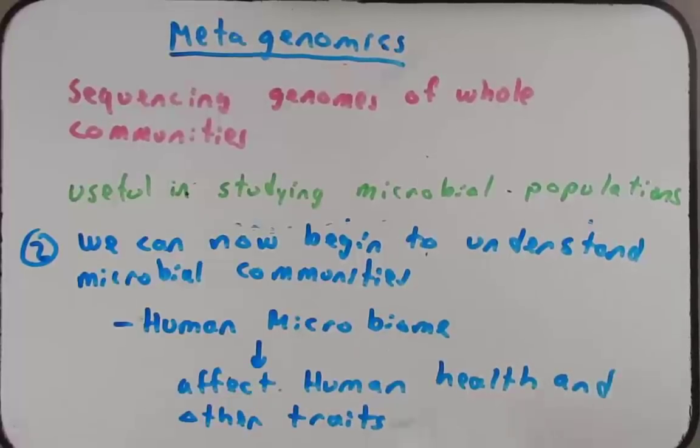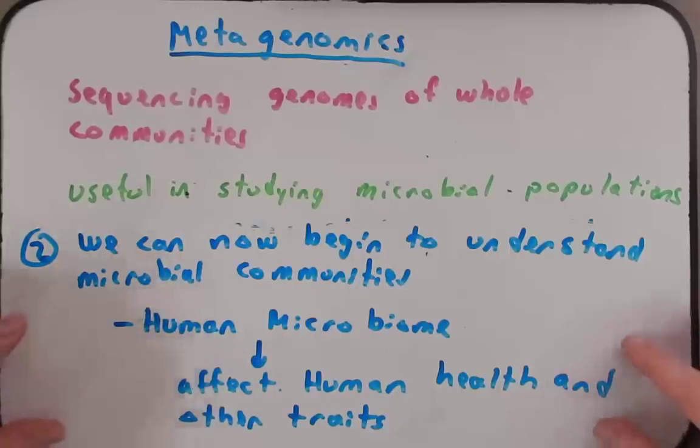The list of traits affecting humans based upon their microbiome is growing and growing, and it is rather impressive what these microbes are doing in our bodies and how they're helping control us in many ways. We'll talk more about this in class, but this is an excellent plug for you to think about taking a microbiology class later on during your curriculum here.